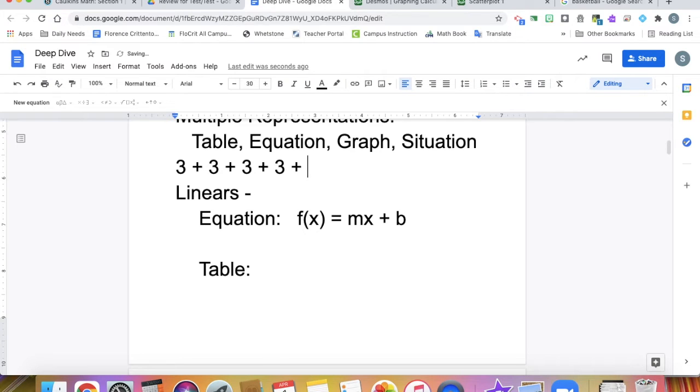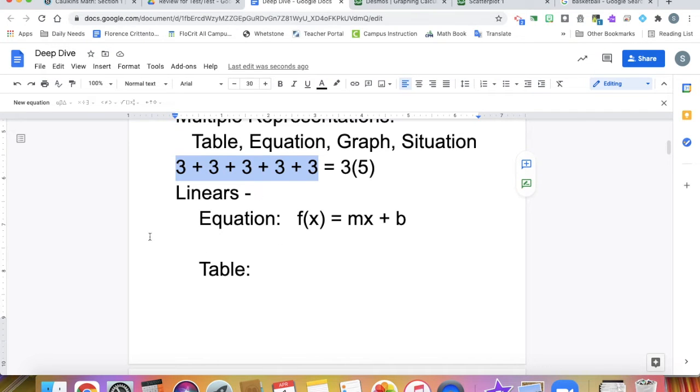And by time number 5, you have to add 3 more. And 3 plus 3 plus 3 plus 3 plus 3, adding 3 five times, is the exact same thing as taking 3 and multiplying it by 5. Which is why our growth, our m, would have been 3, and how many times have gone by is what you times it by, because multiplying tells you how many times you add up that number.